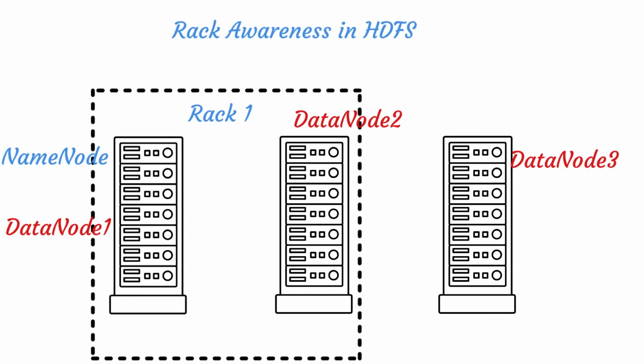If the replication factor is 2, then it places the second replica on a different data node on a different rack, so that if a complete rack goes down, the system will still be highly available. The main purpose of the rack awareness replica placement policy is to improve fault tolerance, data reliability, and availability.